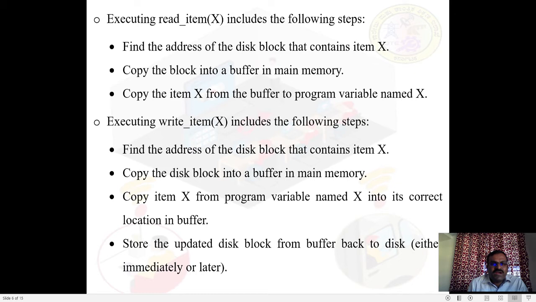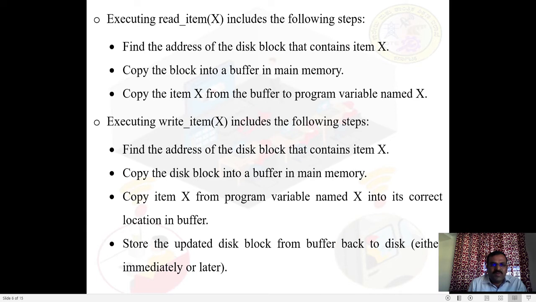Executing read_item(X) includes the following steps. What are the steps required to execute read_item(X)? The first step is to find the address of the disk block that contains item X. Second step, copy the block into a buffer in main memory.